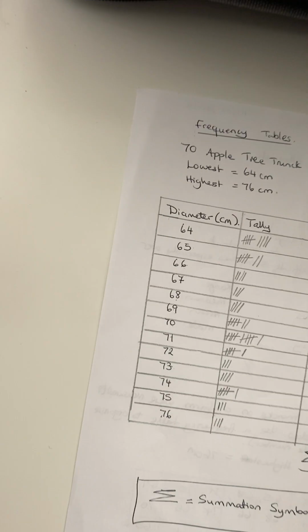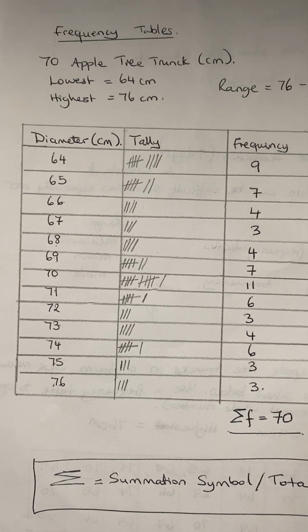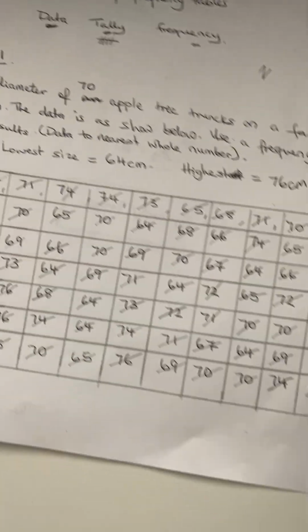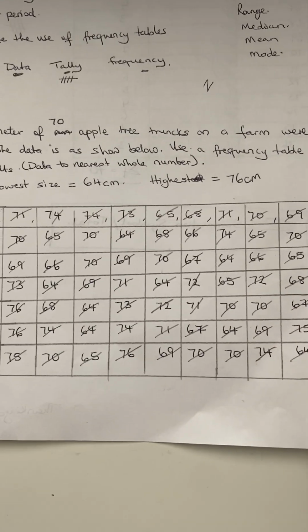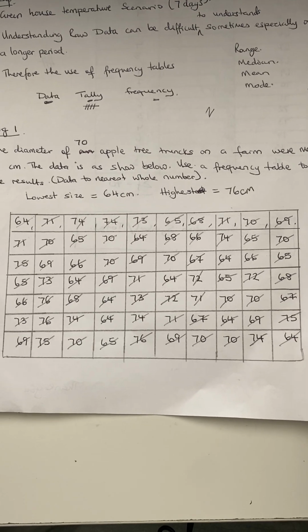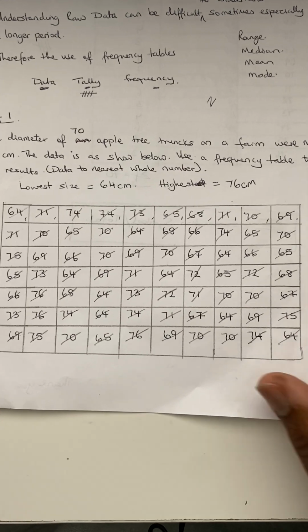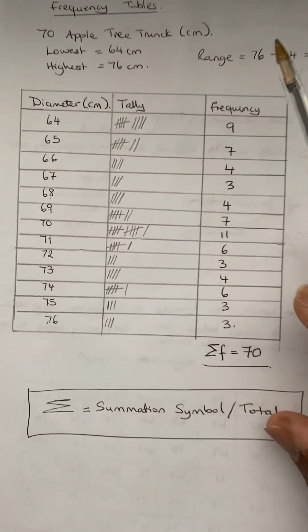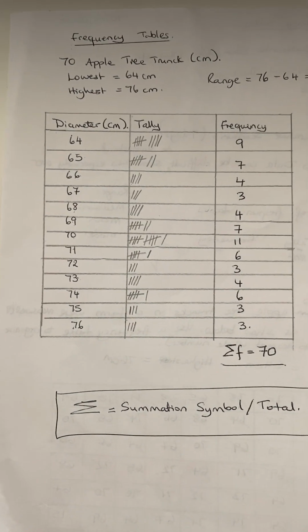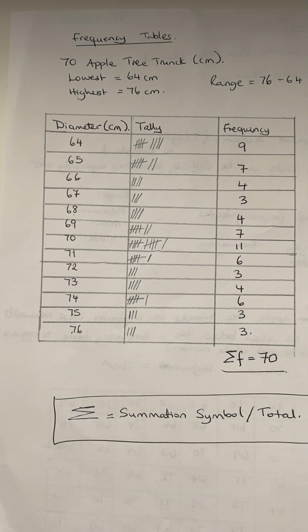Now you realize that you have reduced this massive set of data, this 70 set of data, that is so eye-piercing, into a frequency table. So now you can plot this on your graph.